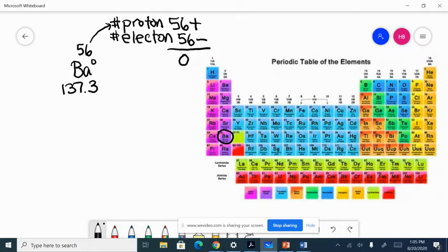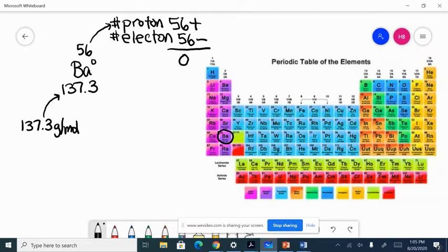Let's talk about that molar mass, which can be confusing. So this is the molar mass, meaning that if I have a huge sample of barium atoms, or 1 mole of barium atoms, it will have a mass of 137.3 grams per mole. Now, we know that most of the mass comes from protons and neutrons. Protons have a mass of 1 AMU.